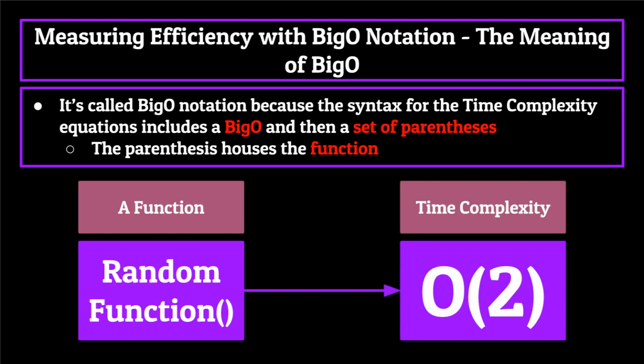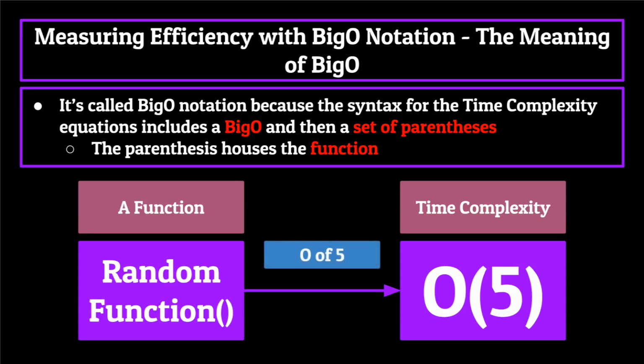We would pronounce this time complexity equation as O of 2, meaning it takes 2 operations from the computer before our make-believe function can finish. If the time complexity equation was O with a 5 in the parentheses instead, it would be O of 5, and so on. Now these are examples of time complexity equations which run in constant time, meaning no matter the size of our dataset, it will always take the same number of instructions to run.